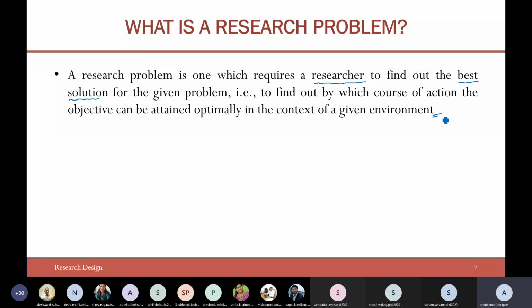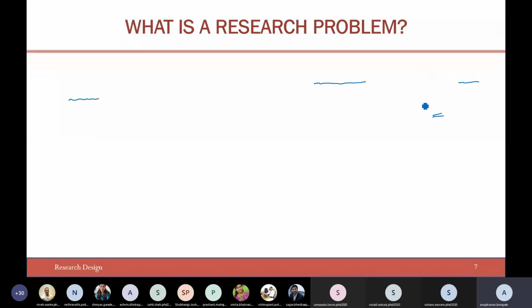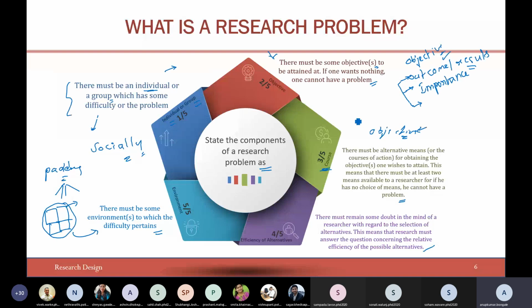You can see that in the research problem, the 5 points which I just mentioned include the individual or the group, the objective, the alternative courses of action and their efficiencies, and also the environment.